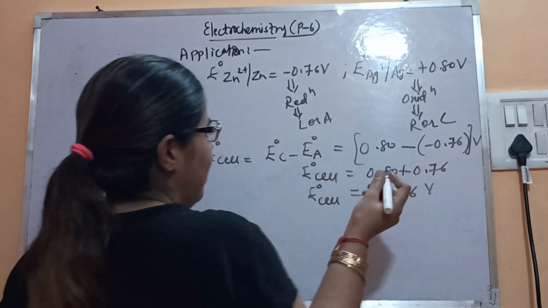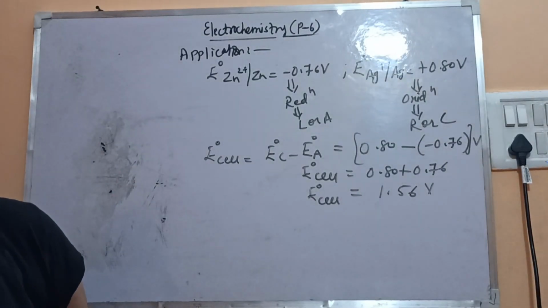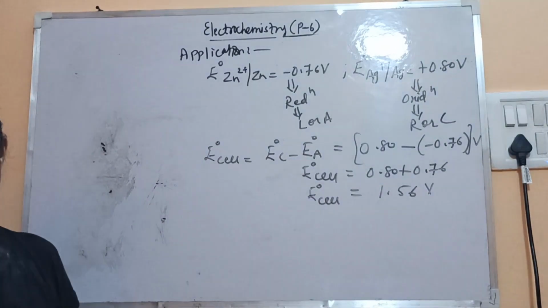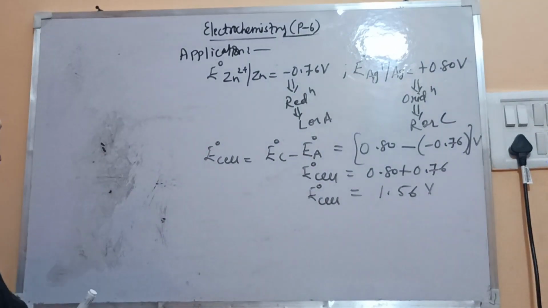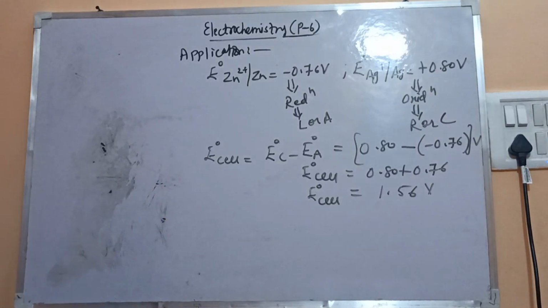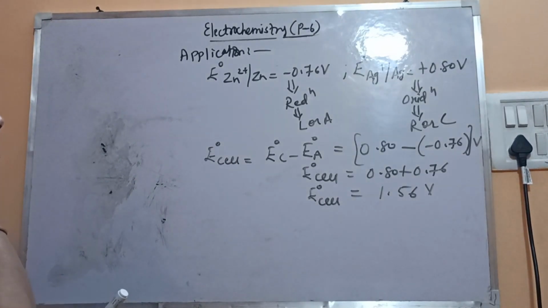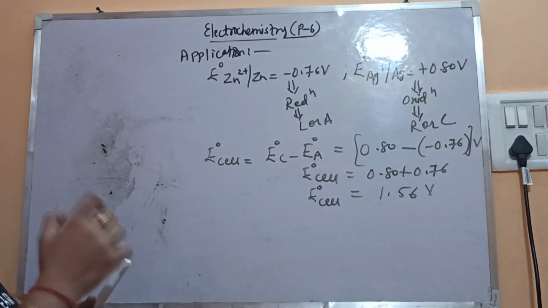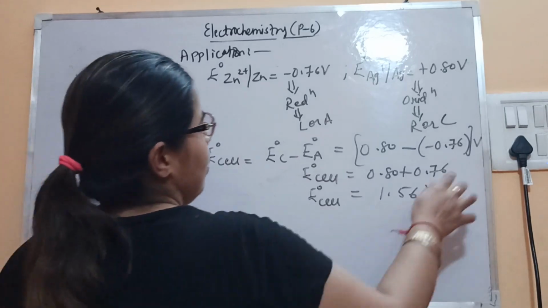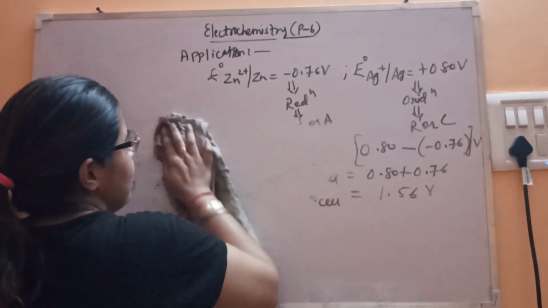Whatever the cell will be set up, the E naught of the cell of the zinc and silver combination is 1.56. So in this way you have to calculate. Feasibility of the reaction we can say: it is coming out to be positive, so that reaction is possible.